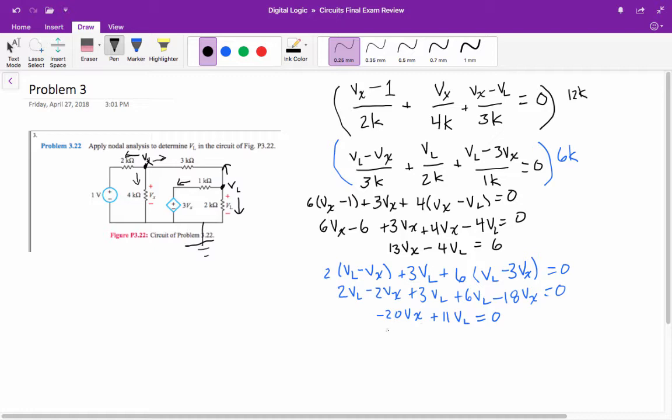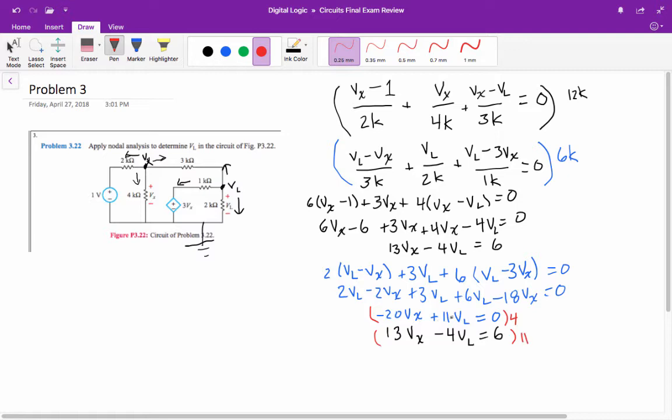We have this one, and then we have 13Vx minus 4VL equals 6. And so we want to multiply them both by something so that one of the variables will cancel. And so let's multiply the top one by 4 and the bottom one by 11.